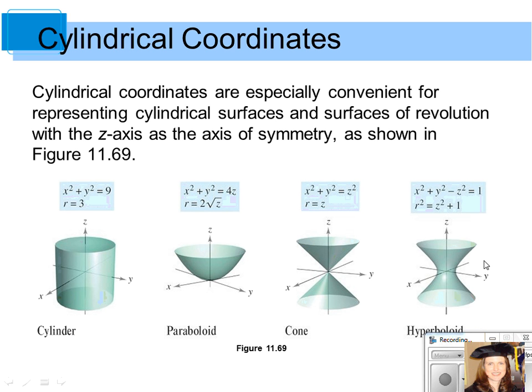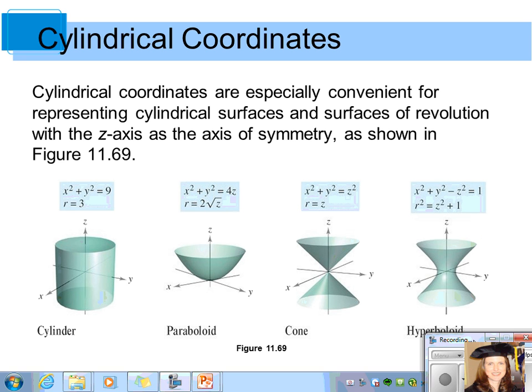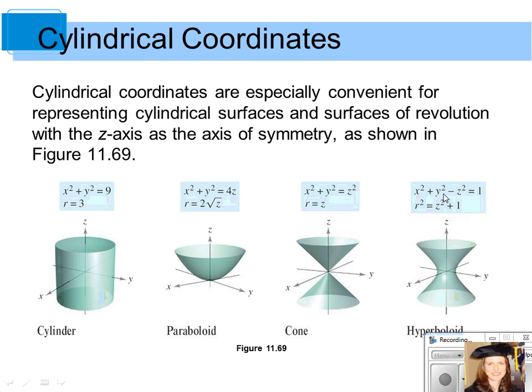And then for a hyperboloid, we have x squared plus y squared minus z squared equals 1. Using the conversion, that would be r squared minus z squared equals 1, and by writing this as r squared equals z squared plus 1, we get the cylindrical representation of the hyperboloid of one sheet.